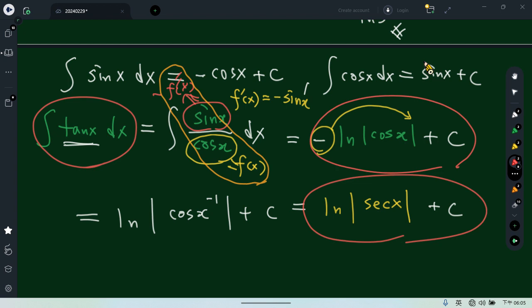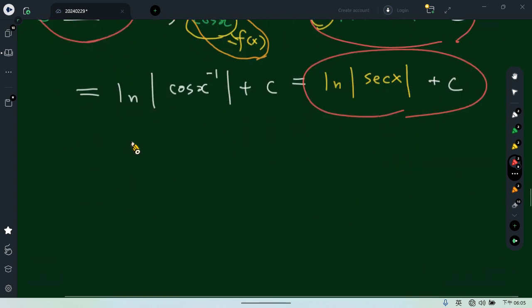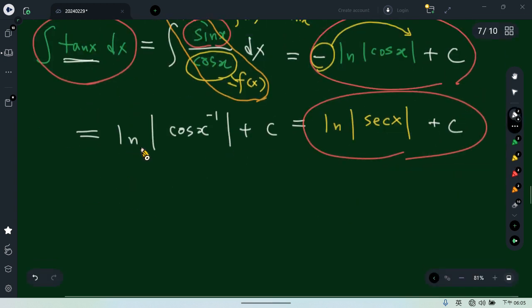But in the next semester, since we don't know the ln x function, we cannot do that. But right now we already have the solution for this part. So if I ask you to calculate this, you know how to do it, right?